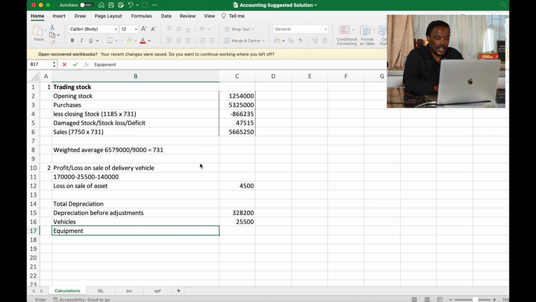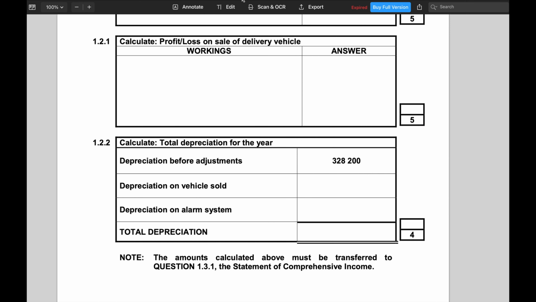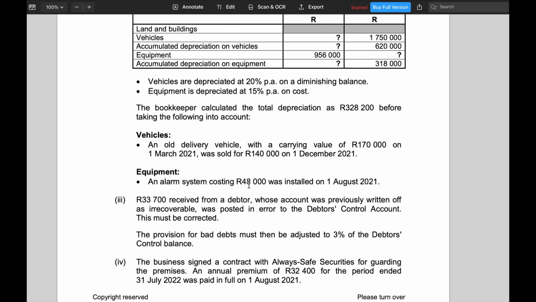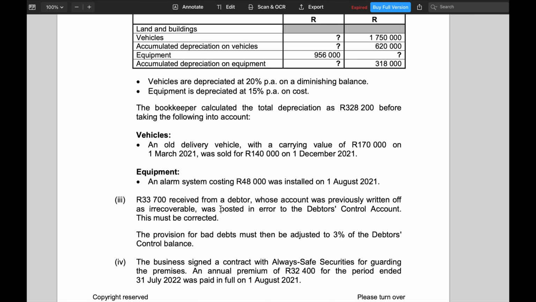What about the equipment? Let's read the adjustment. An alarm system costing 48,000 was installed on 1 August 2021. So 48,000 multiplied by 15% multiplied by, was installed when? August until February: August, September, October, November, December, January, February. It existed for 7 months.